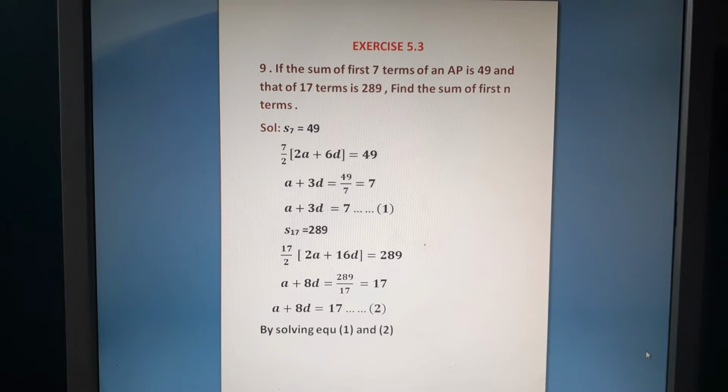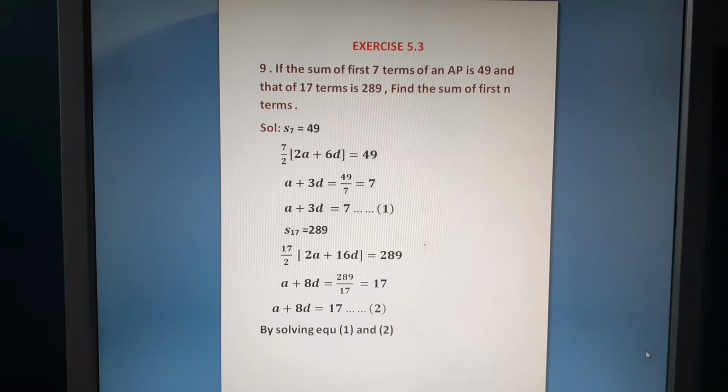So, 7 by 2 into (2a plus 6d) is equal to 49. 2a plus 6d divided by 2, we get a plus 3d. That is 7 into (a plus 3d) is equal to 49. A plus 3d is equal to 49 by 7, that is equal to 7. A plus 3d is equal to 7. Let this be equation number 1.